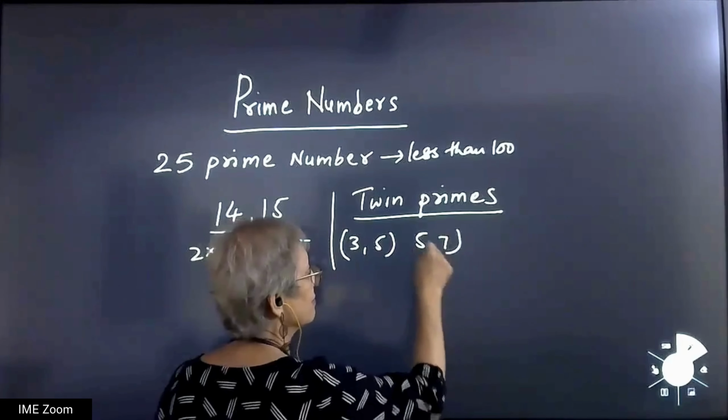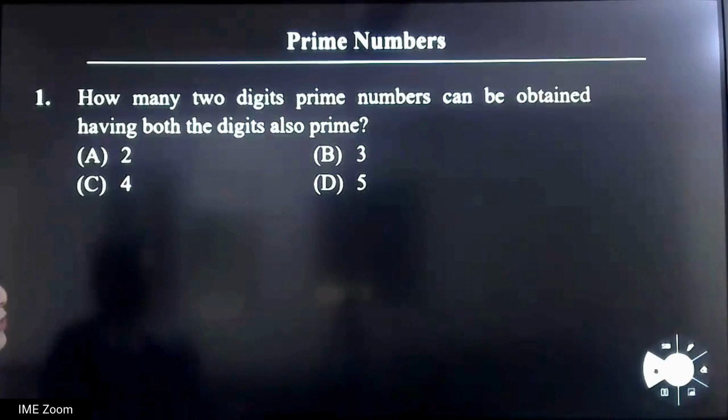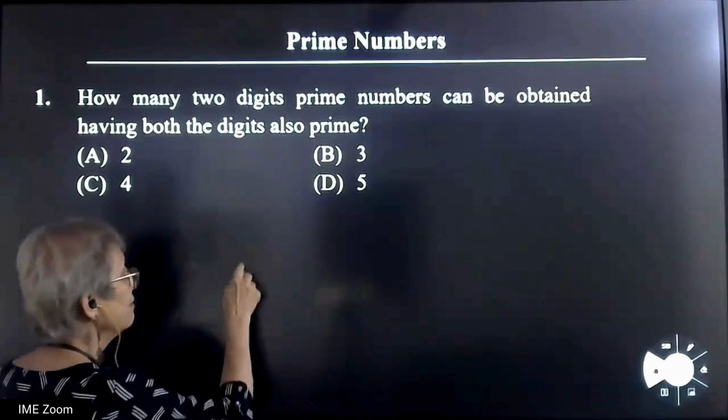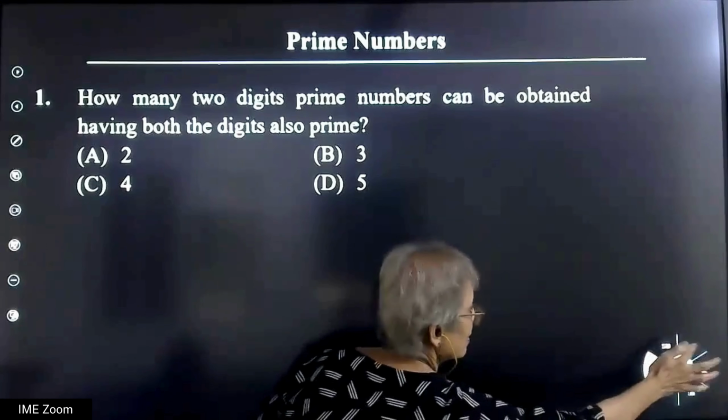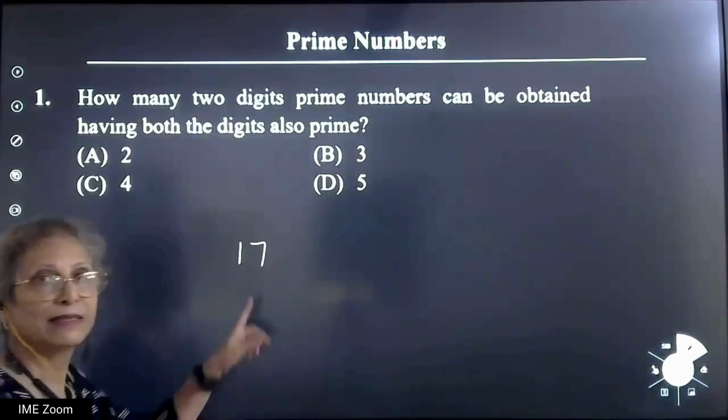Here is our first question. How many two-digit prime numbers can be obtained having both the digits also prime? Both the digits should be prime. See here, 17.